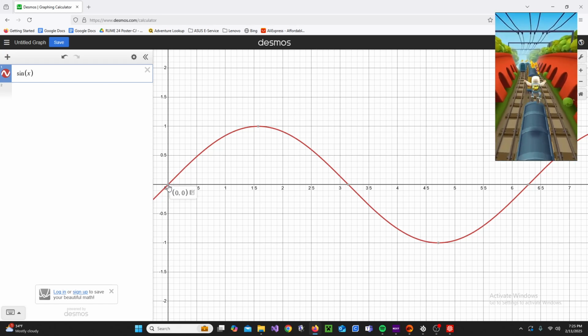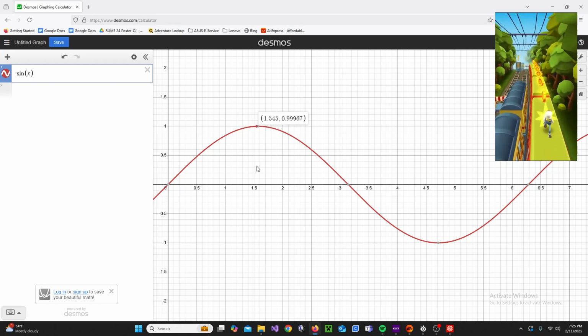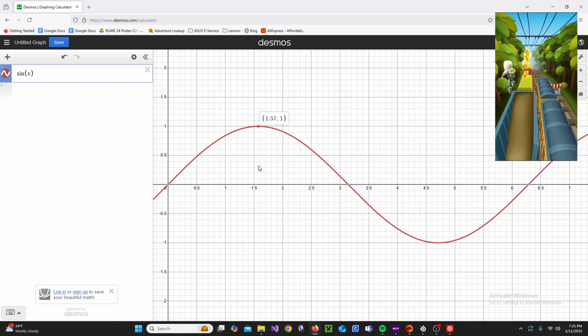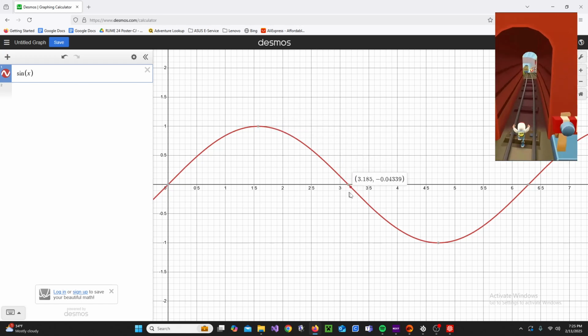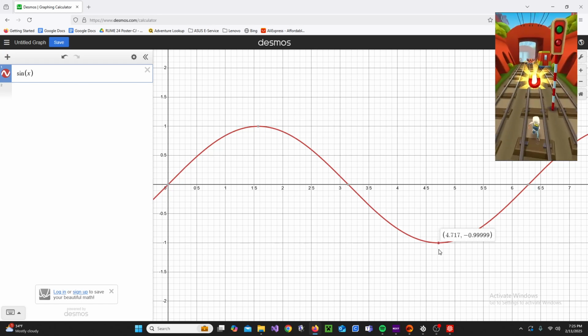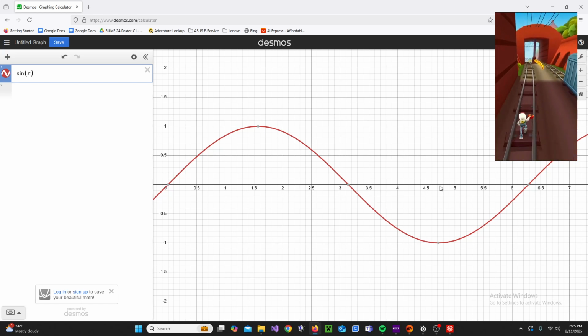Again, sine starts at 0, and once we hit pi over 2, sine is 1, and then we go back down to 0 at pi, we go to negative 1, and then we go back to 0. So again, just this basic sine graph.